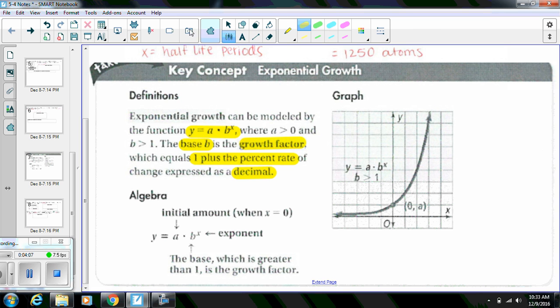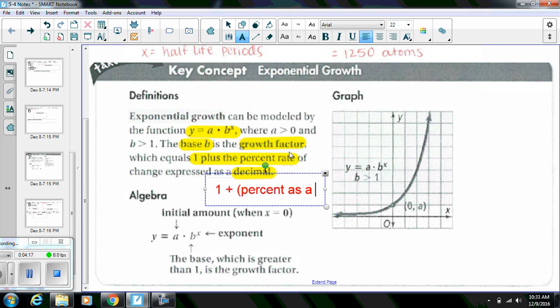So this looks like this. You have 1 plus percent as a decimal, and this would be equal to your b value.